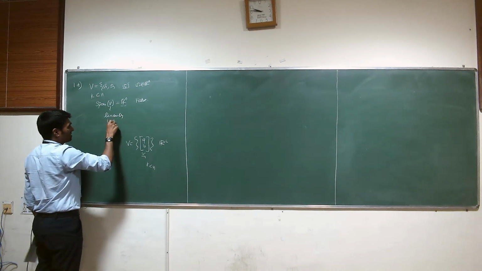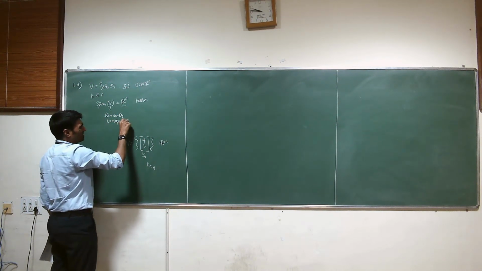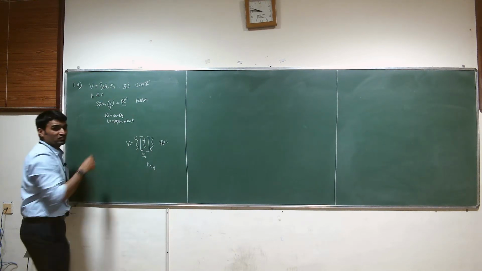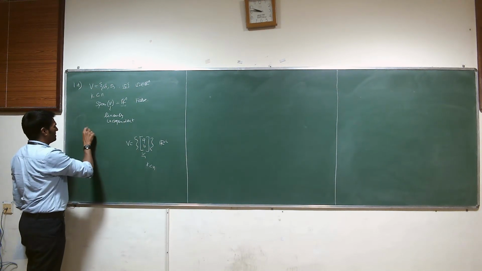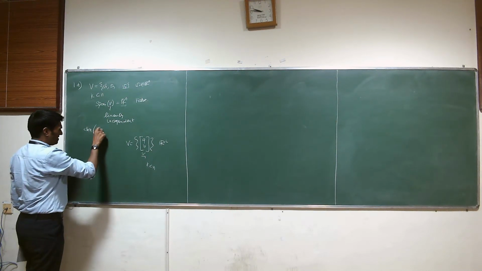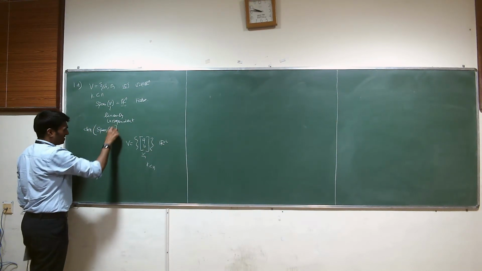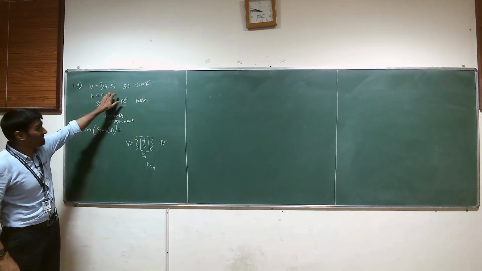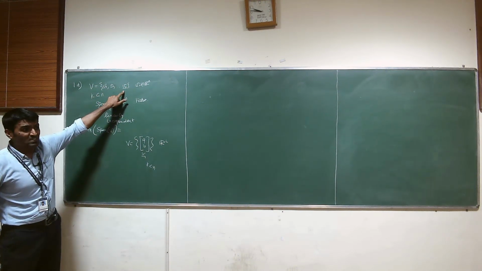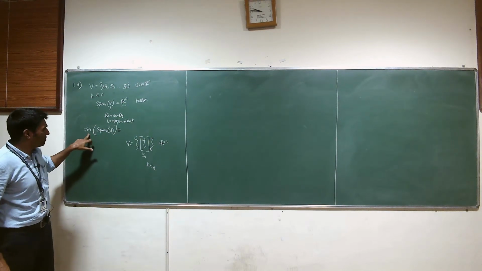If the set V is linearly independent, and there are k vectors, then what can we say about the dimension of the span of V?